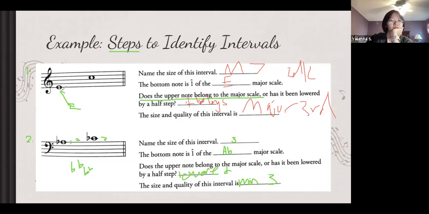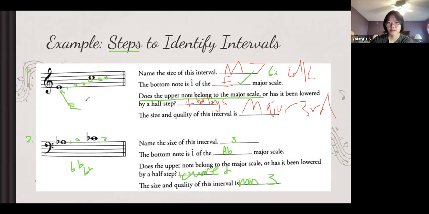So this is actually a sixth. If you count here one more time, 3, 4, 5. So B is 5 and then C is 6. So it's actually a 6. And then the bottom note is E. And be careful.